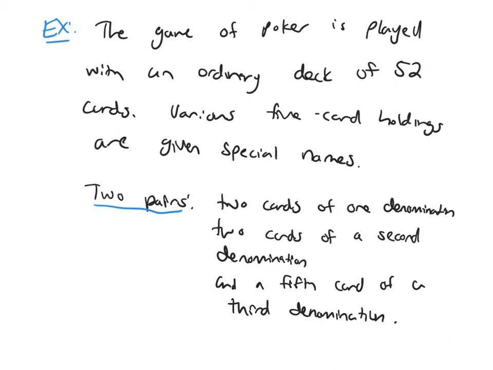So for example, if they had 2 2s and they had 2 3s and then a 4, that would be an example of a hand that would be called 2 pairs.